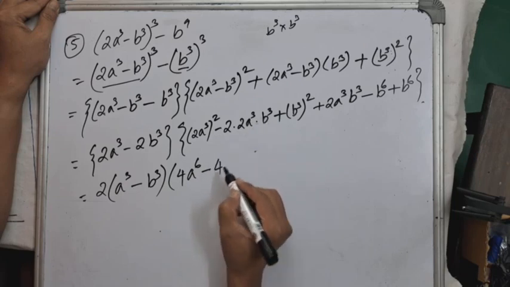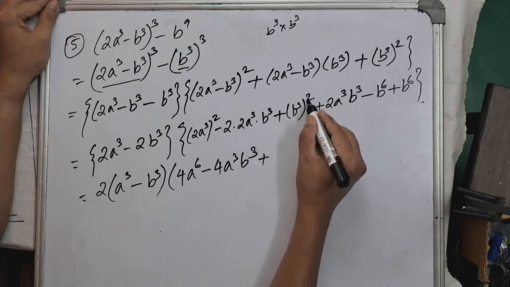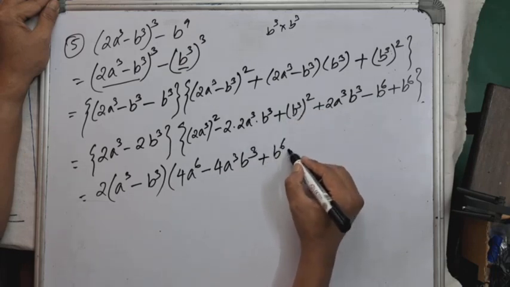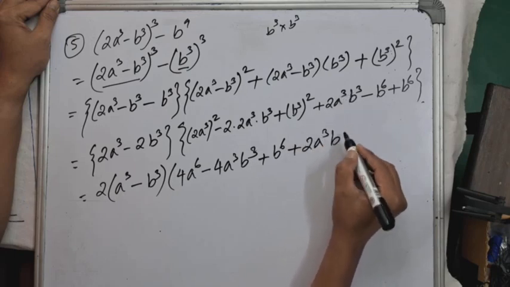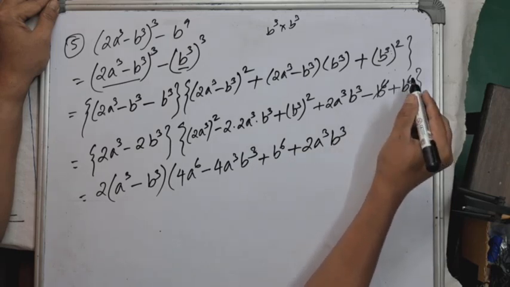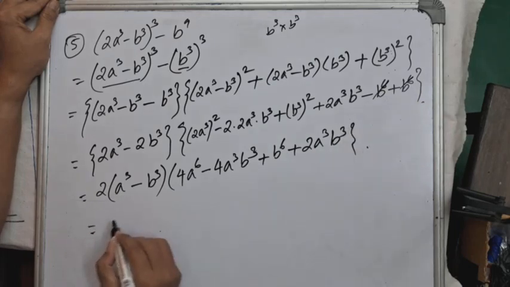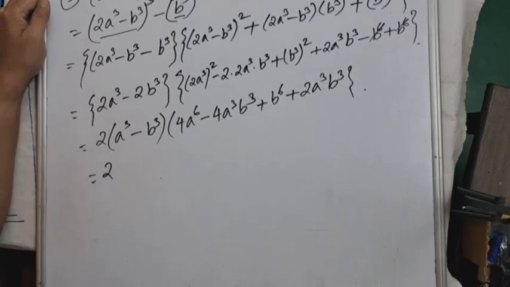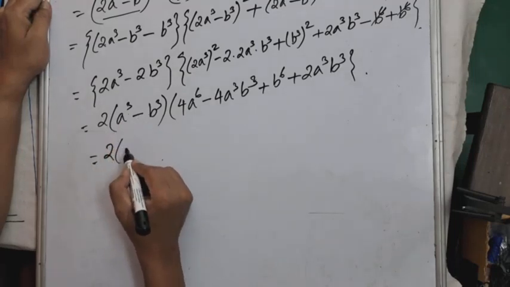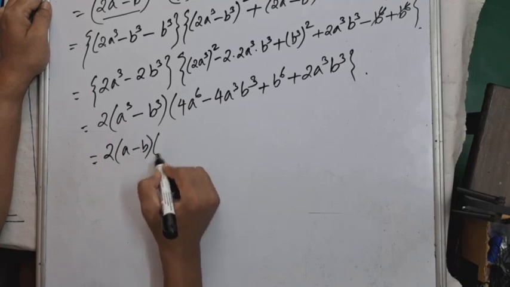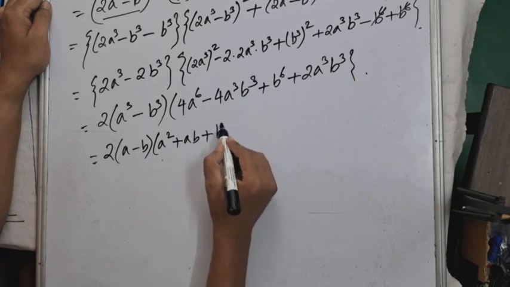So 4 a cubed b cubed plus b to the power 6 plus 2a cubed b cubed minus b to the power 6 plus b to the power 6. Same number, opposite sign, we cancel these. So 2 a cubed minus b cubed, we can apply the formula a cubed minus b cubed, that is a minus b into a square plus ab plus b square.